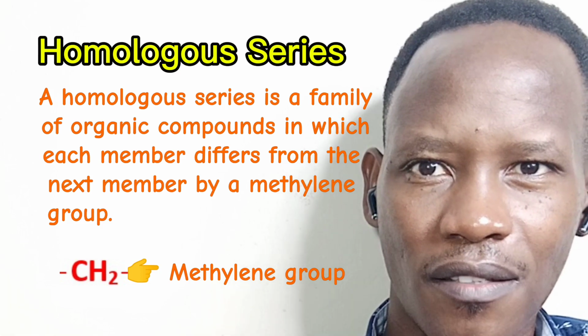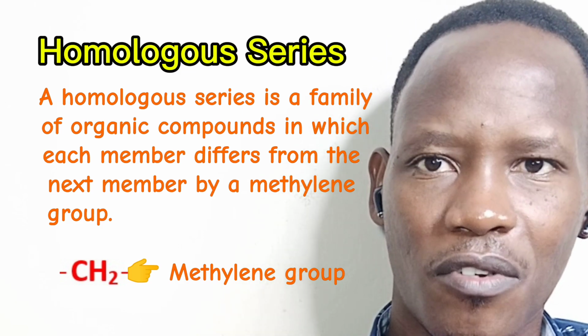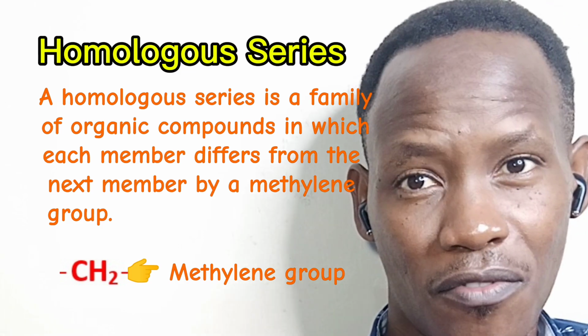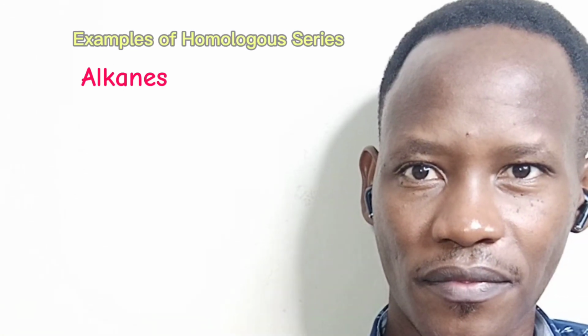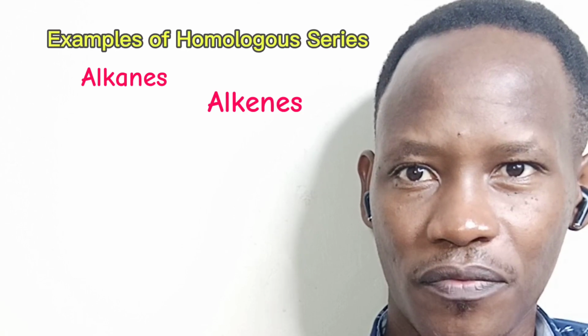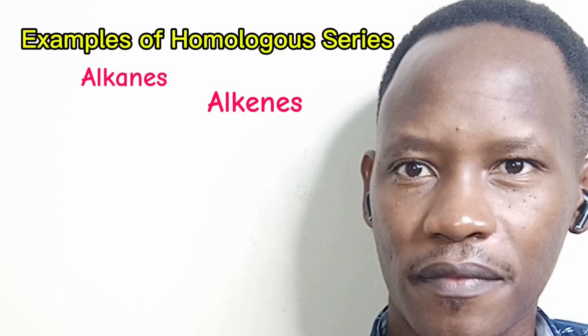series. Examples of homologous series that you will encounter in your quest or study of organic chemistry include the following. Number one, alkanes. Number two, alkenes. Number three, alkynes.